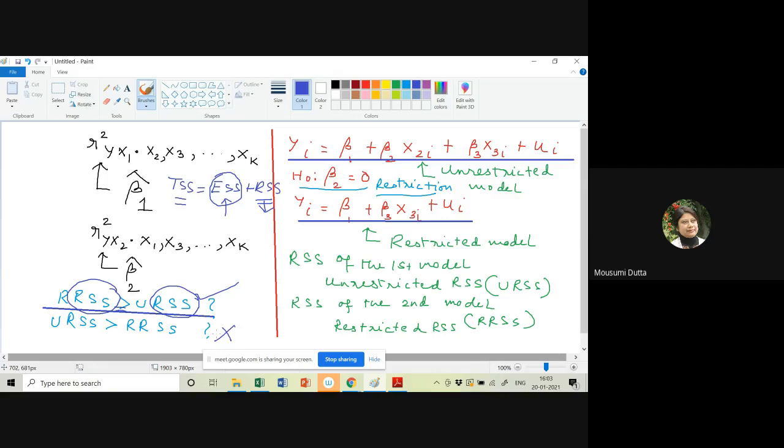In that case, the entire idea of regression model or ethics of regression will be questioned. We are increasing the number of explanatory variables in the model to improve the position, which means more of the variation in yi will be explained if we incorporate more explanatory variables.